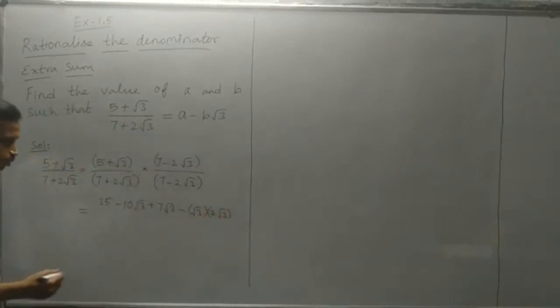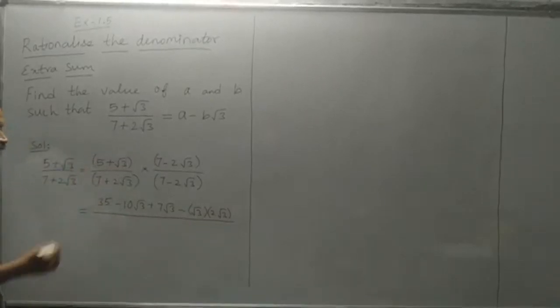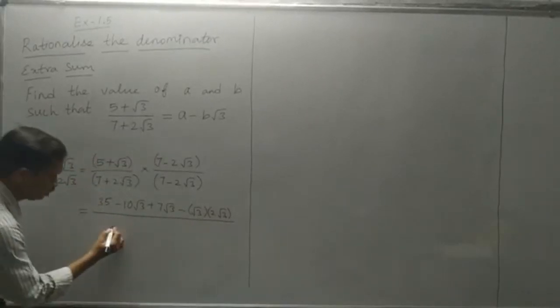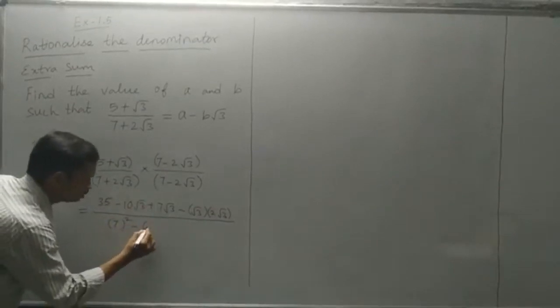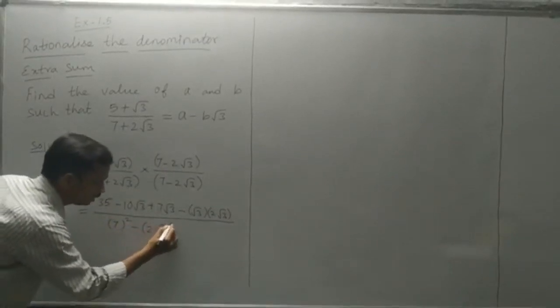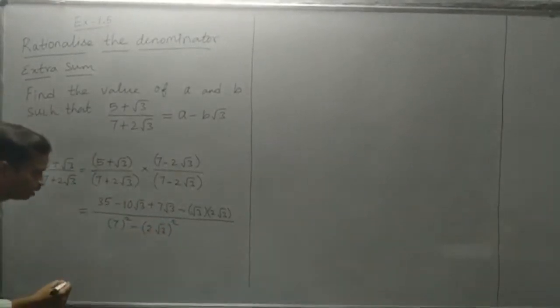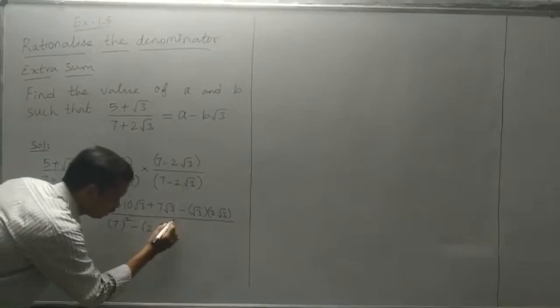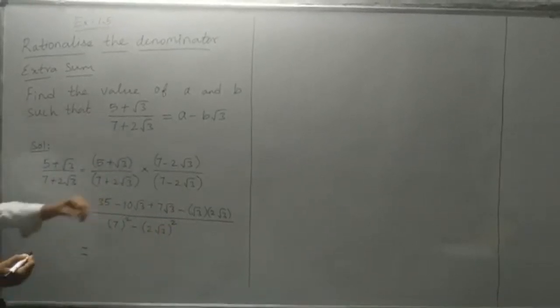So these are the numerator terms. Thus I multiplied the two brackets in the numerator. Now what about the denominator? I already told you, (a plus b) into (a minus b) is nothing but a square minus b square. And here a is 7 and b is 2 root 3. So you put square. And now what about that numerator?